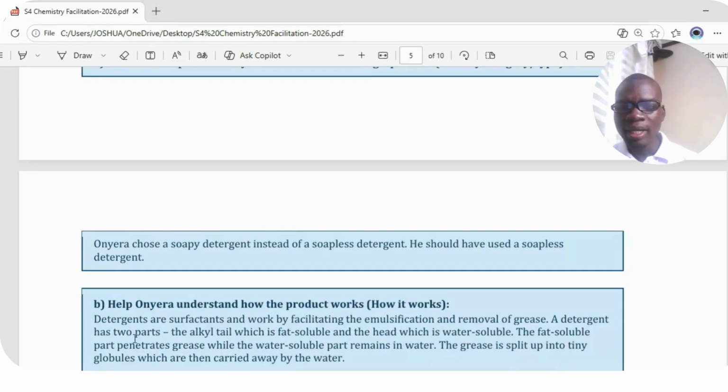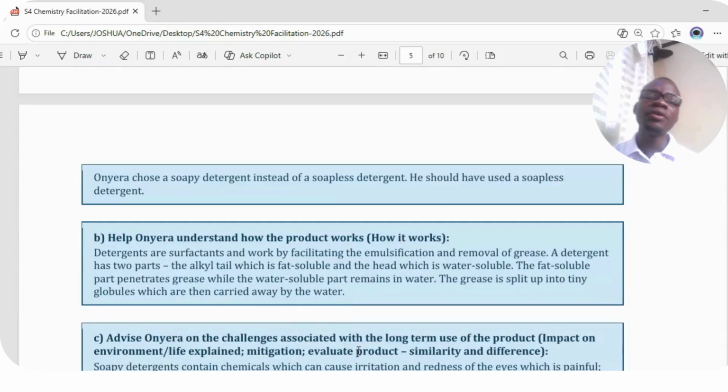The fat soluble part penetrates grease while the water soluble part remains in water. The grease is split up into tiny globules which are then carried away by the water. So there we are answering suitability, or how the product works, or the function.